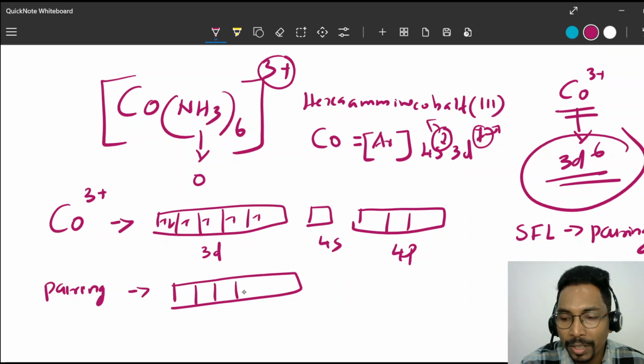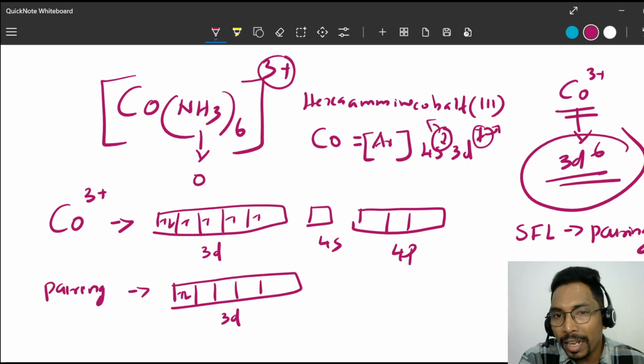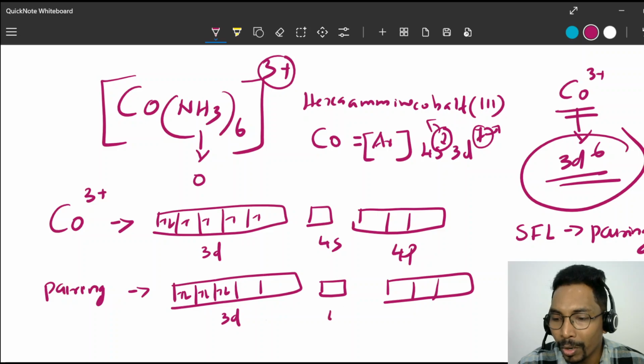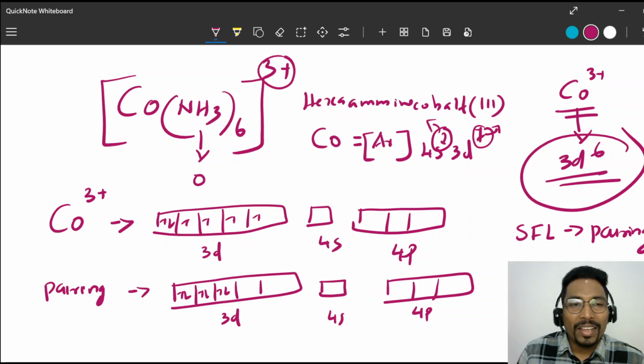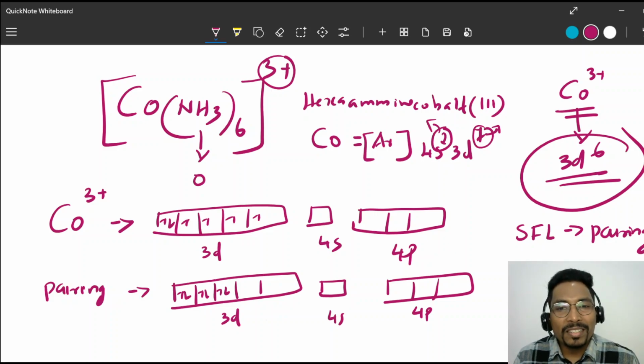In the 3d orbitals, one pair is already there, and the 4 unpaired electrons will get paired, one pair here and one pair here. Then the 4s orbital, then the 4p orbital. Clear?